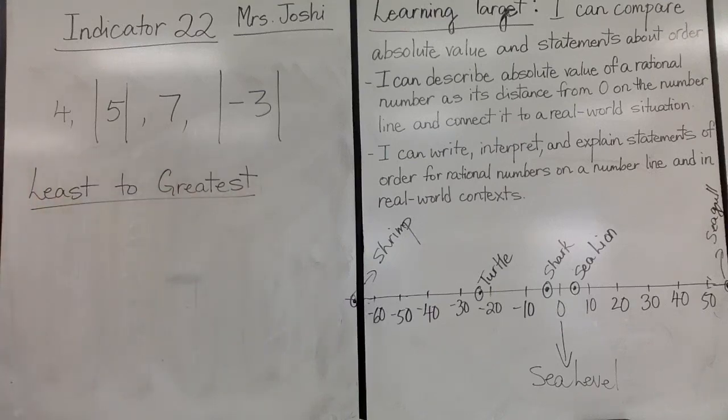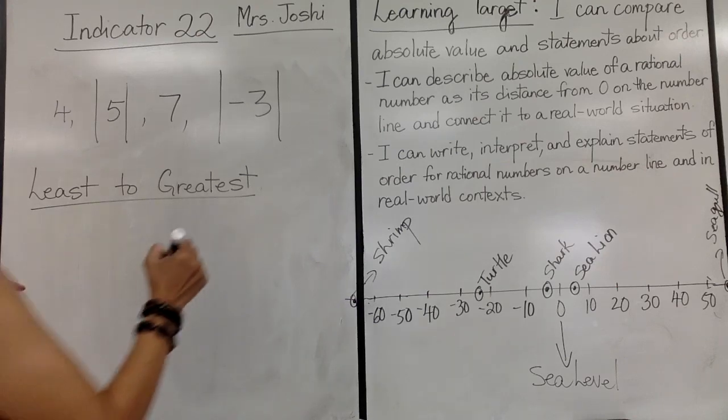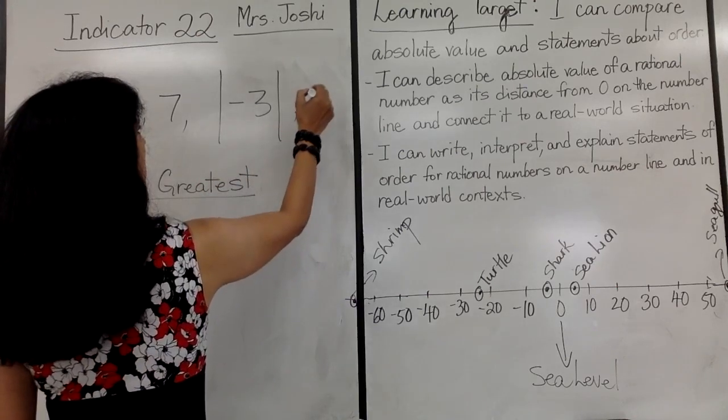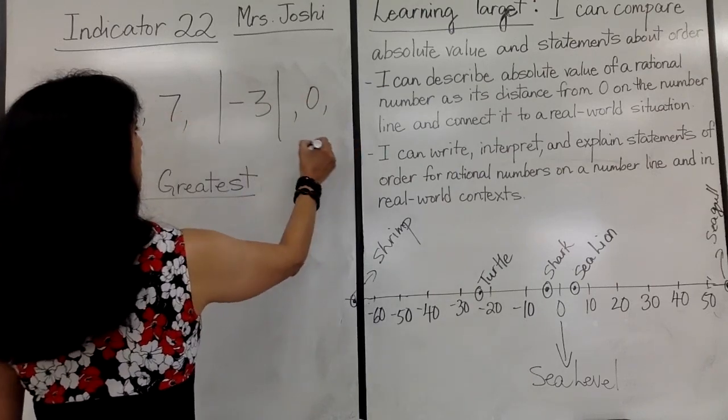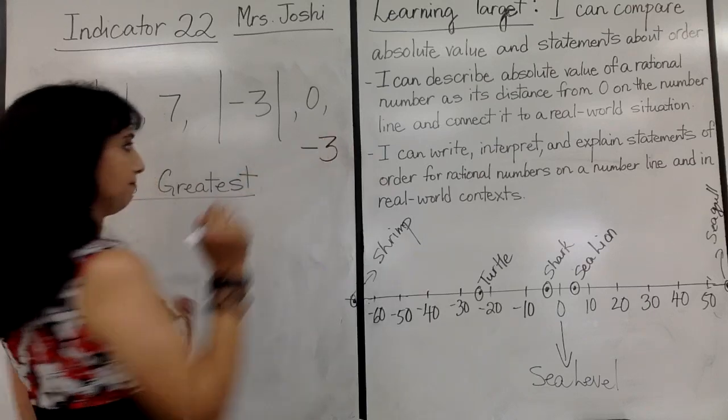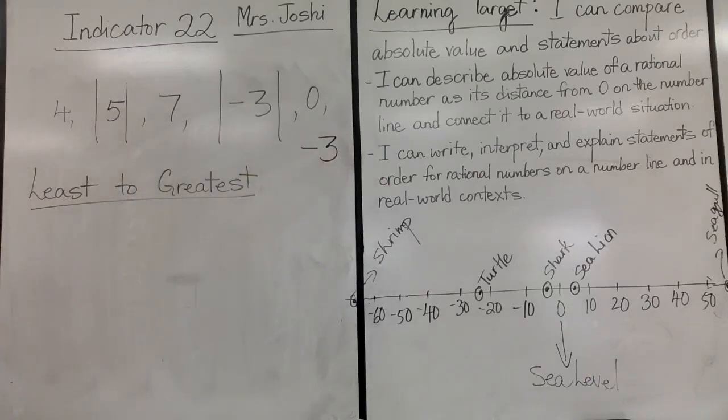Okay? So, if I'm looking at this, you know what, let me go ahead and throw in an extra number here. Let me throw in a 0. And let me throw in a -3. I'm just throwing in these also because very often you make mistakes. All right.